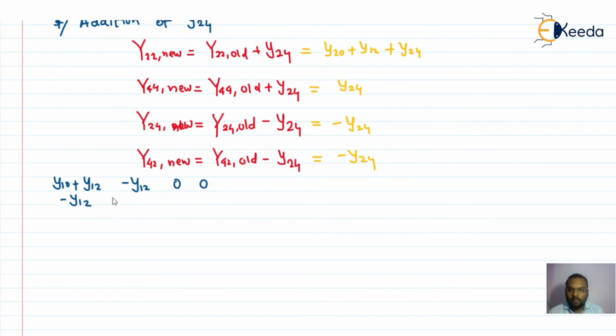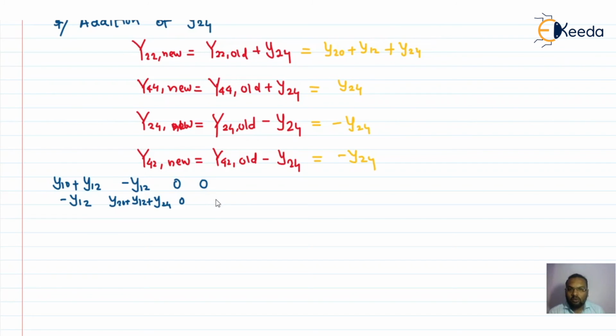It is now y20 plus y12 plus y24. It is 0.